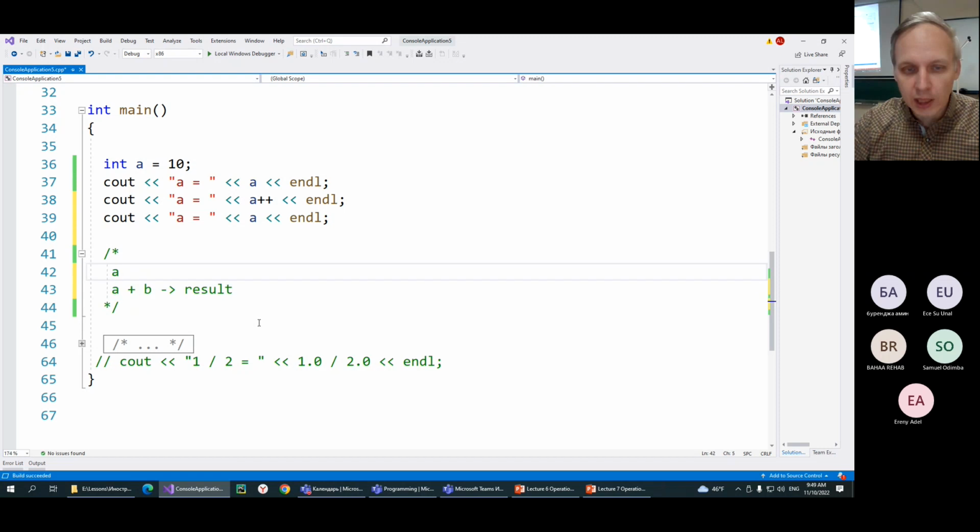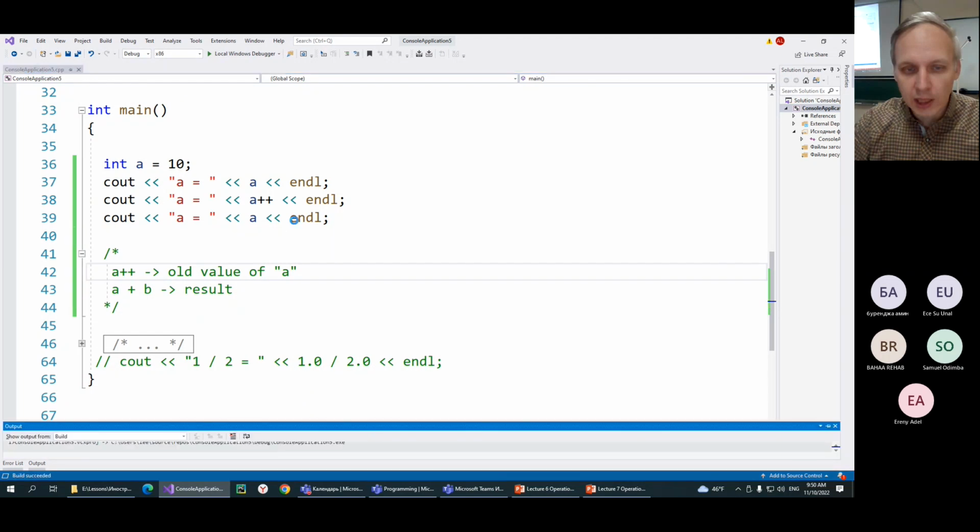But when I write a++, the result of this operation is the old value of a. But after the operation, a will be changed. A will be increased by 1. But the result will be the old value of a. And we will see on the screen 10, 10, and 11.